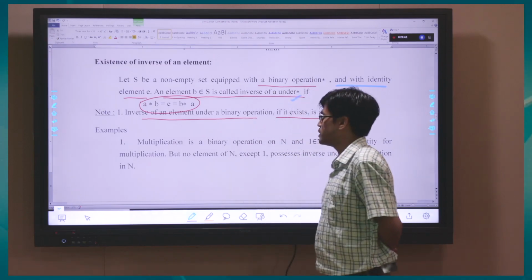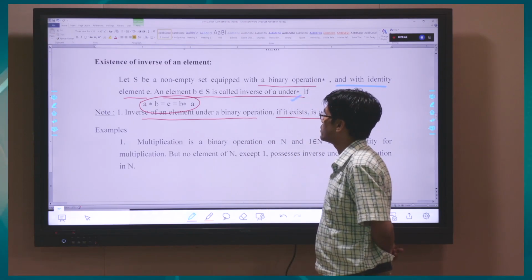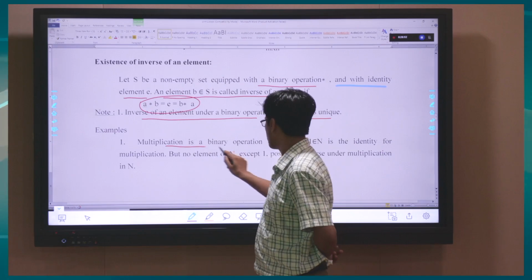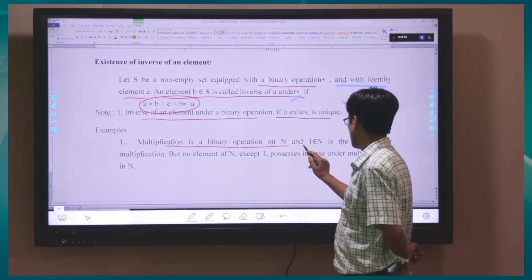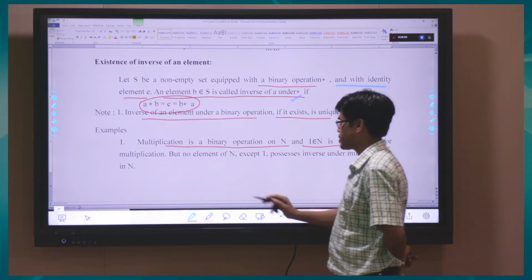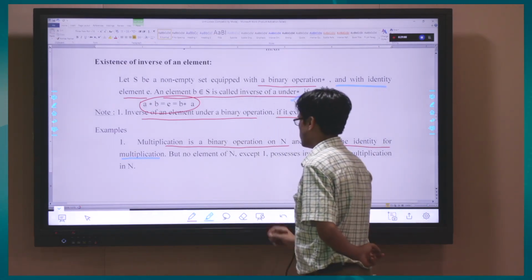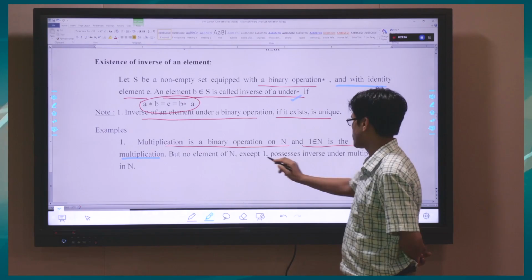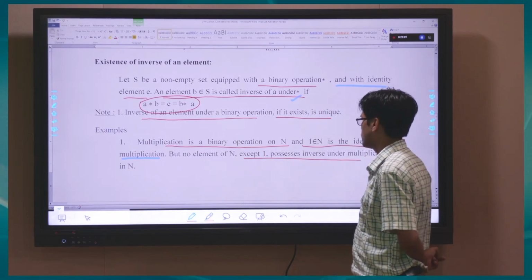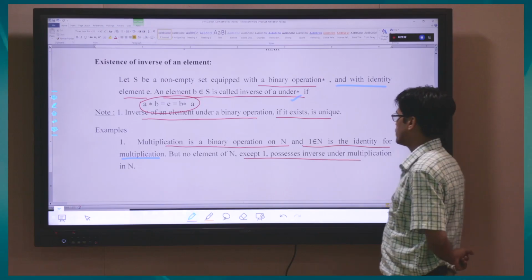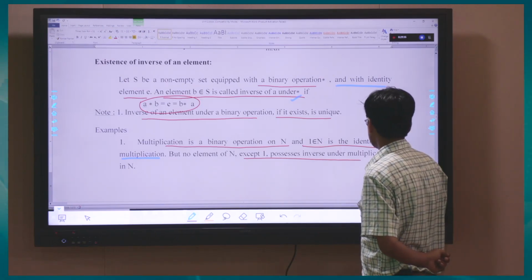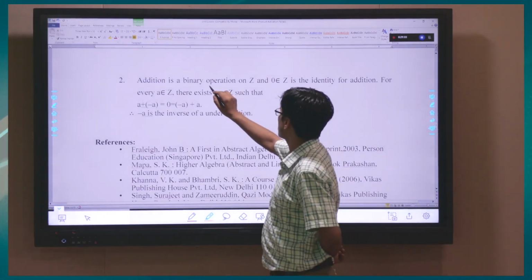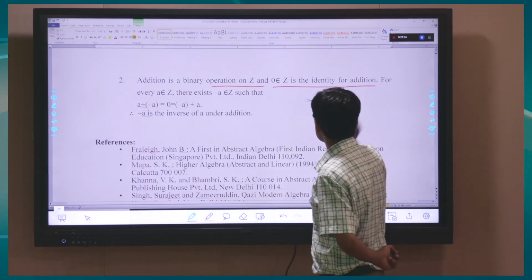Now we discuss examples of an inverse element of a binary operation. We know that multiplication is a binary operation on N, and 1 belongs to N is the identity element for multiplication, but no element of N except 1 possesses an inverse under multiplication on N. Similarly, addition is a binary operation on Z, and 0 is the identity element for addition.